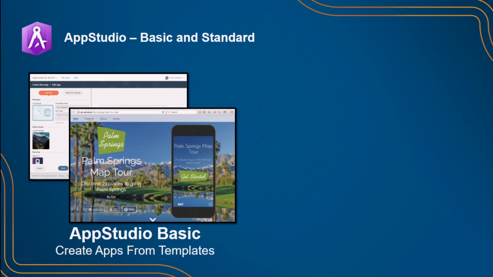If you have a login and you're a level 2 user, the level 1 and level 2 was introduced recently, level 2 means that you can create a map. If you can create a map in ArcGIS Online, you can create an app with AppStudio. And these are based on our templates: a map tour, map viewer, and a quick report template for crowdsourcing data.